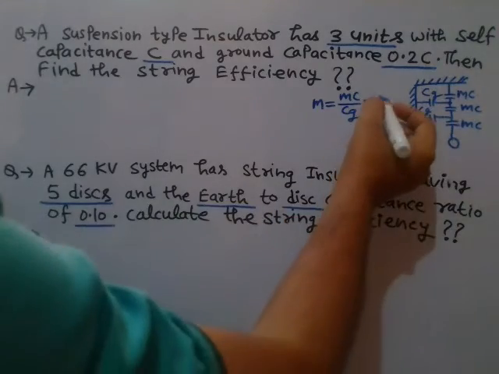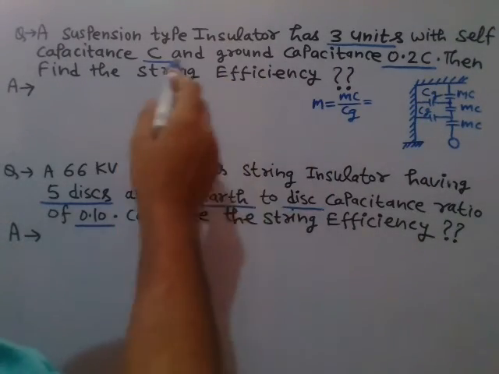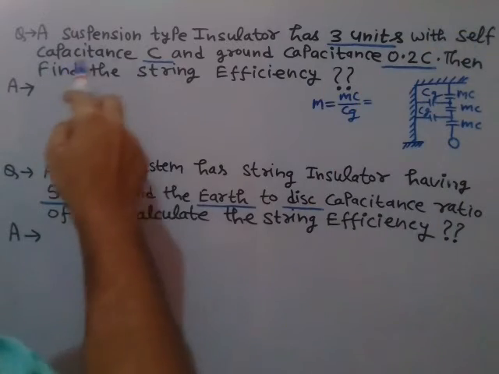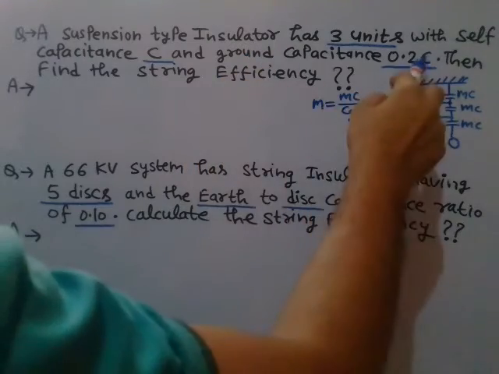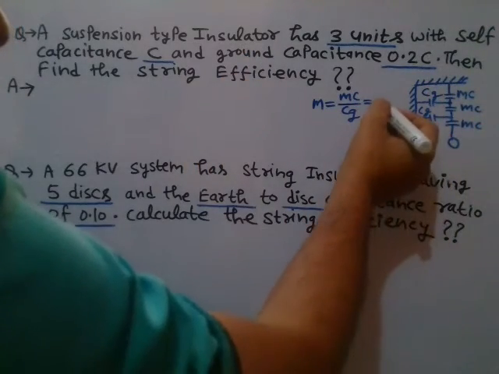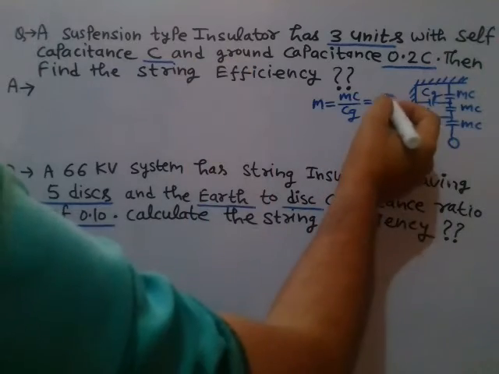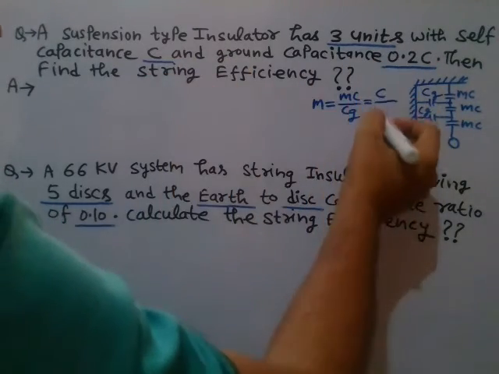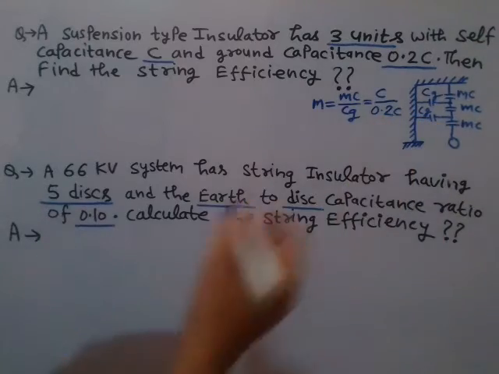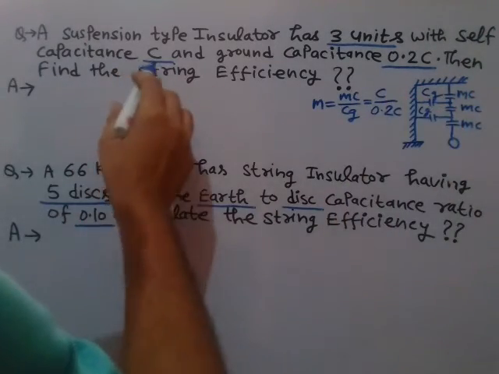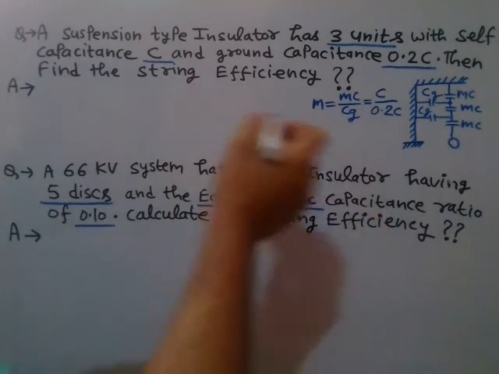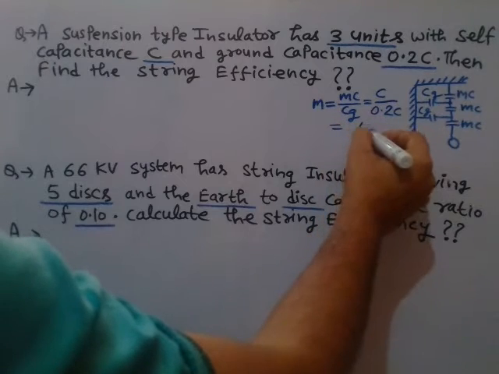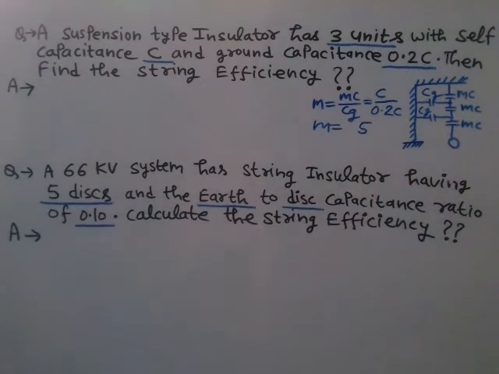He has given that the mutual or self capacitance is C and the ground capacitance is 0.2 C. So here the factor m will be equal to 5.